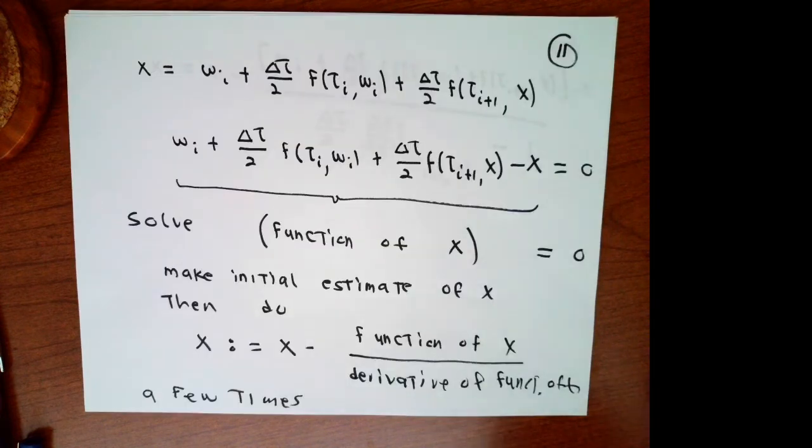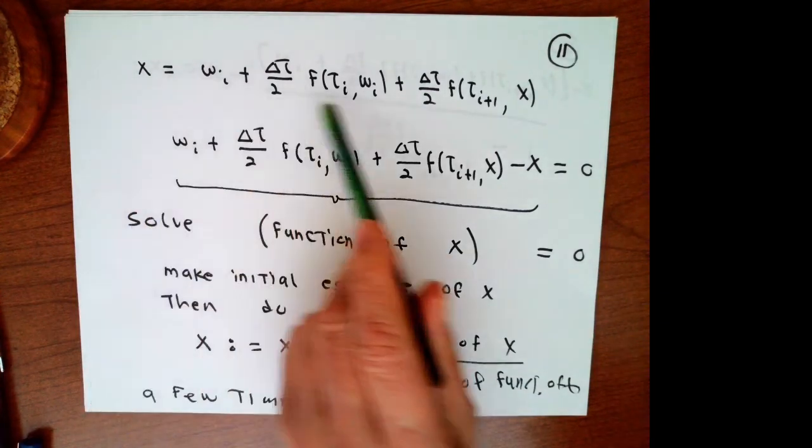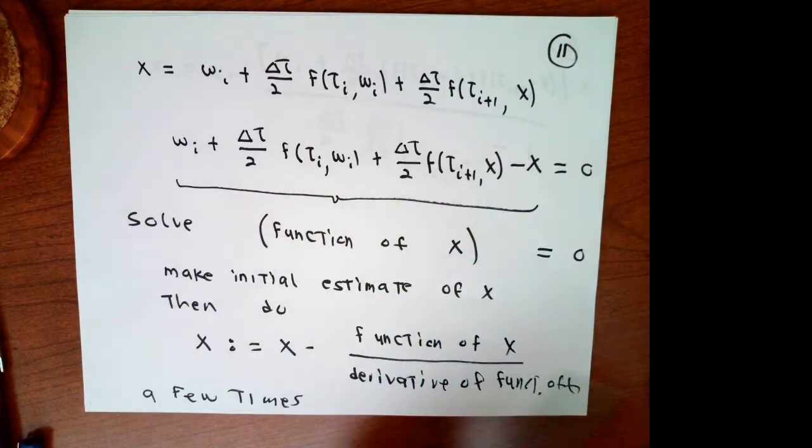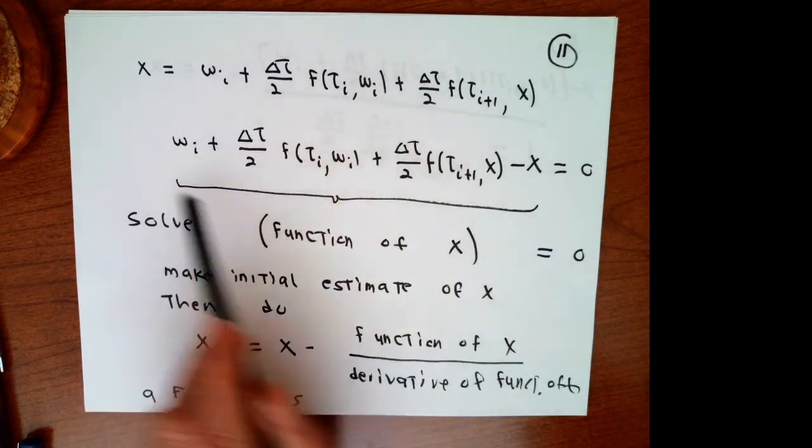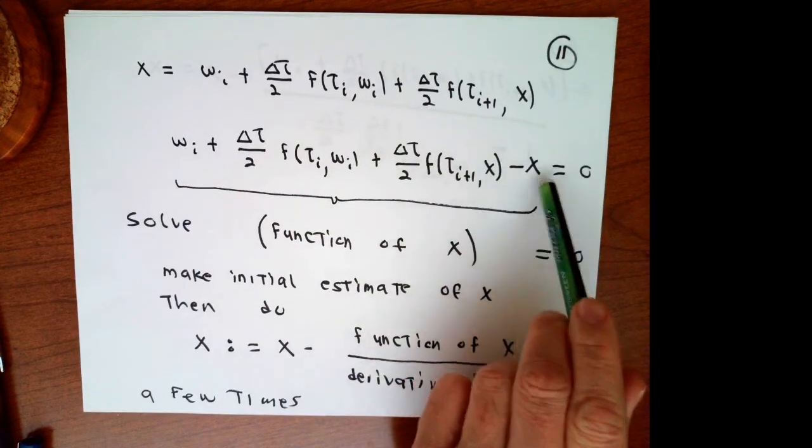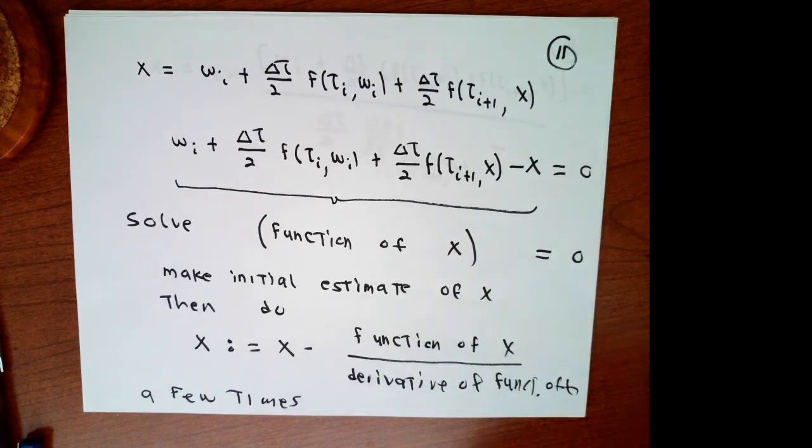Lastly, if we want to, we can rewrite this fixed point formula as this right-hand side minus x equals 0. And now we're confronted with the problem of solve this kind of equation, some function of x equals 0. We have a wide variety of ways of thinking about that.